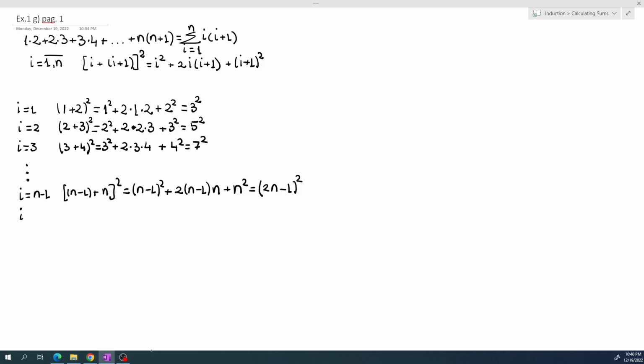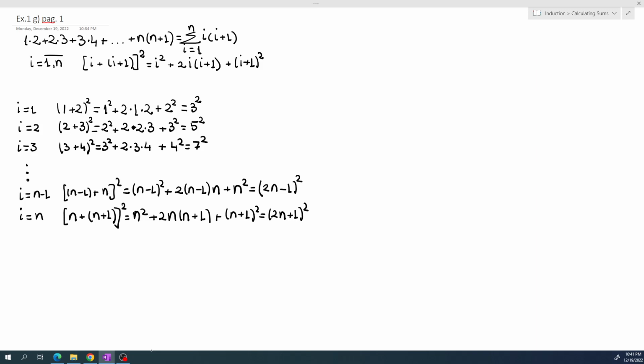And last, for i equal n, I will have n plus 1 squared, it is equal with n squared plus 2n plus 1 plus n plus 1 squared, which is equal with 2n plus 1 squared.